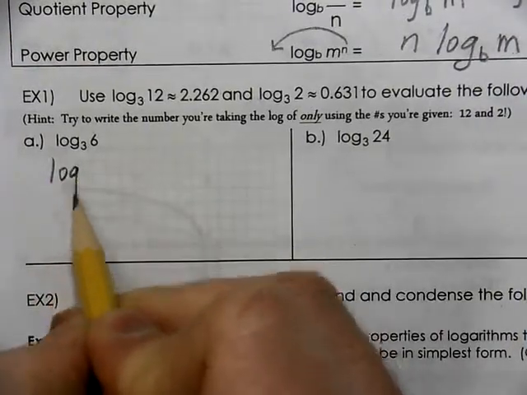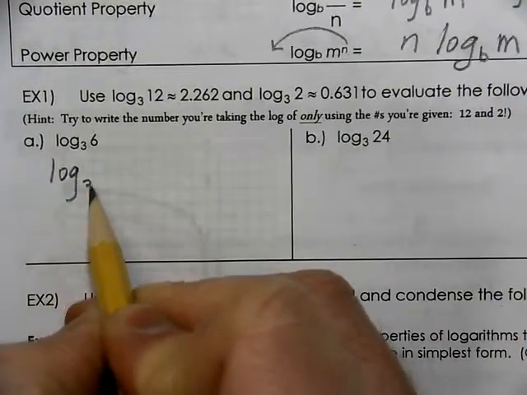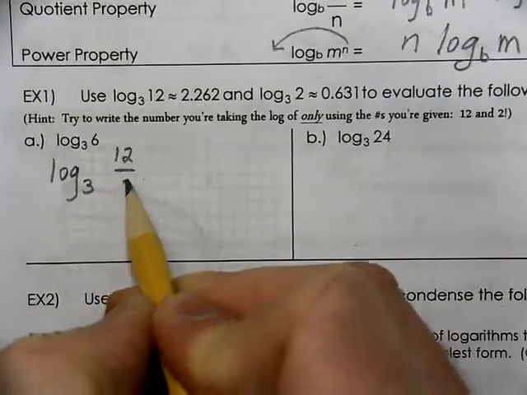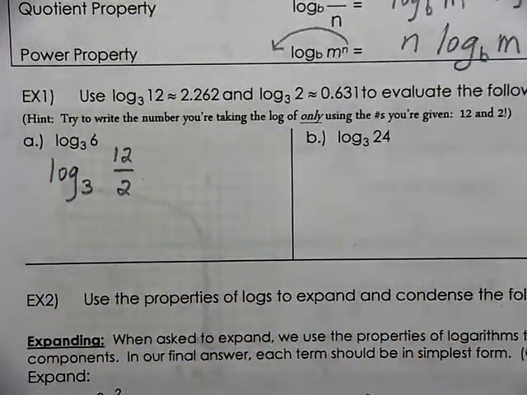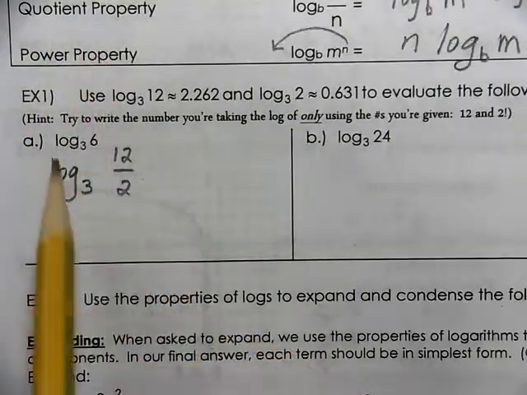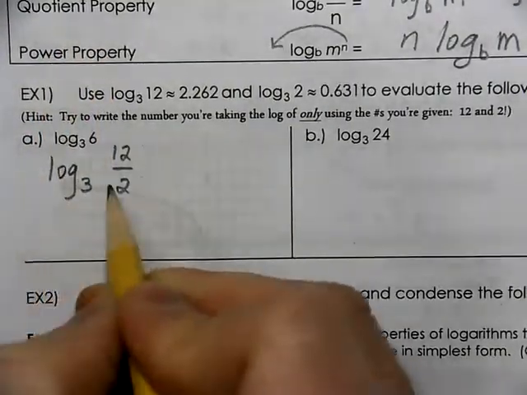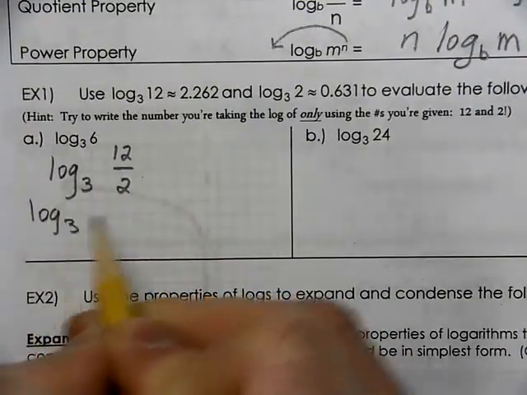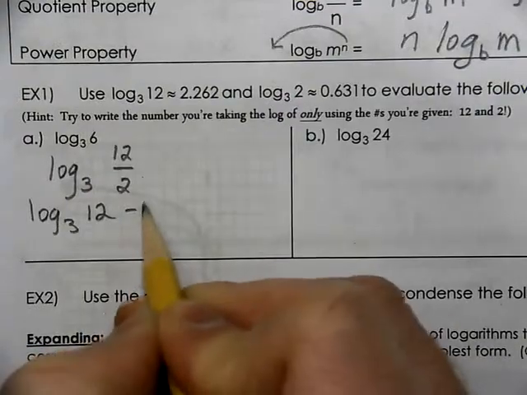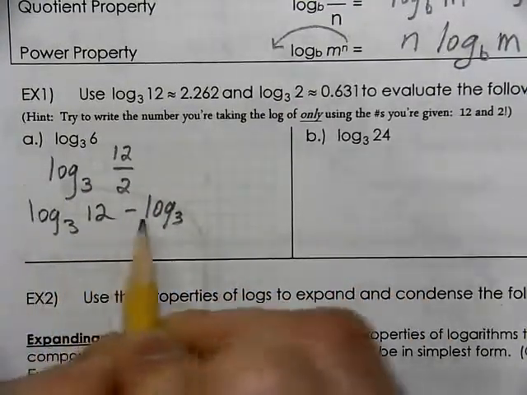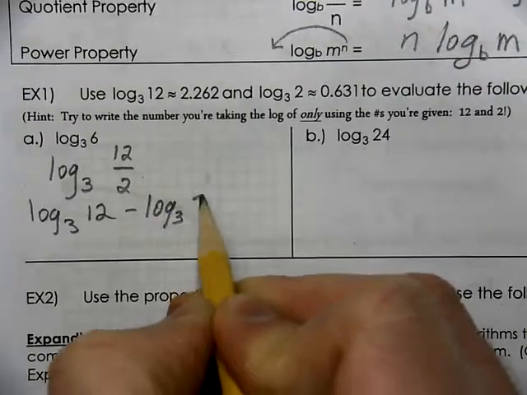Since they all have the same base, I can say 12 divided by 2, and I know that that equals 6. Well, this looks like our quotient property we learned from above, where if you're dividing, you can actually write them separate as log base 3 of 12 minus log base 3 of 2.